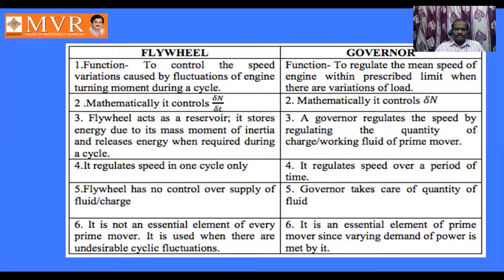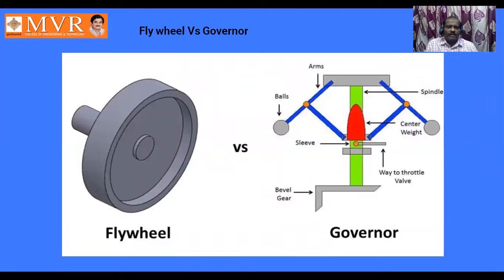Governor applications are in all prime movers like bikes, steam engines, and automobiles. In all these, governors are the main applications in controlling the fluid. When coming to the construction also, the flywheel has a huge mass. The governor is less in mass compared to the flywheel.